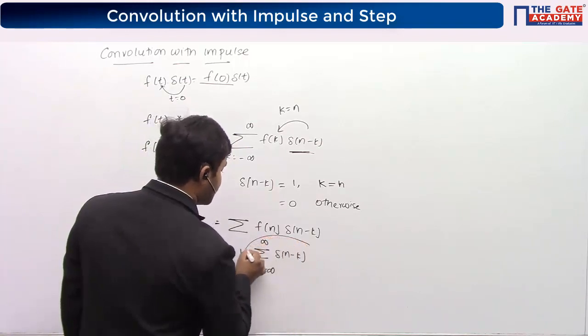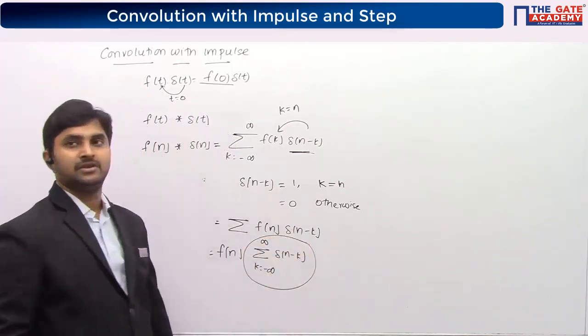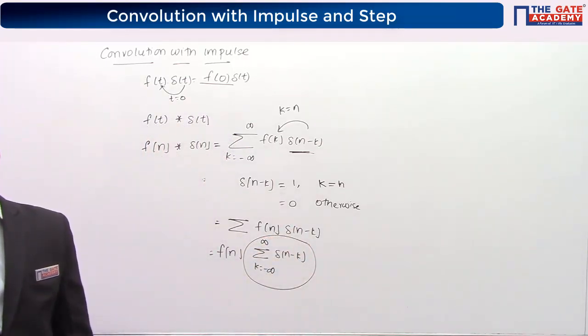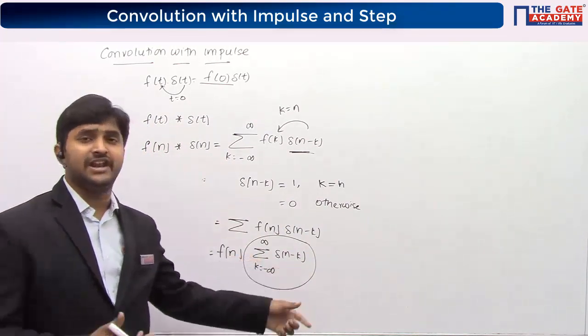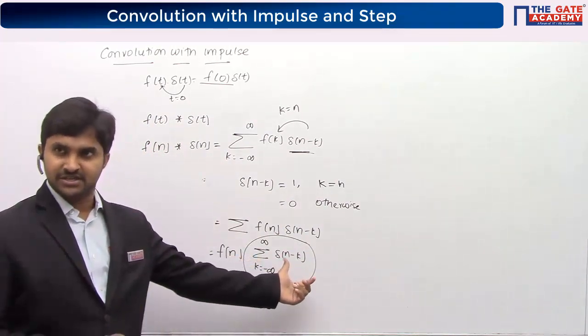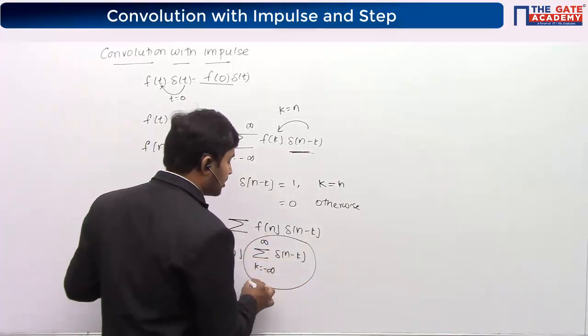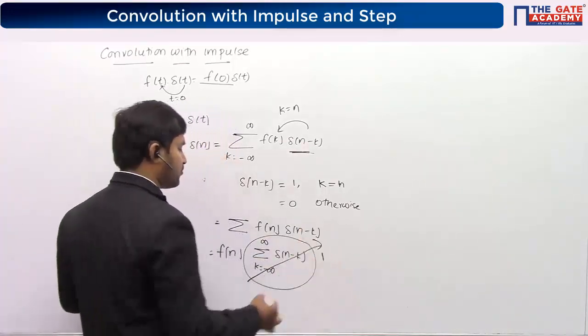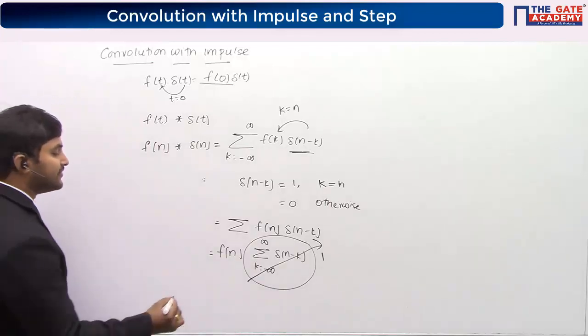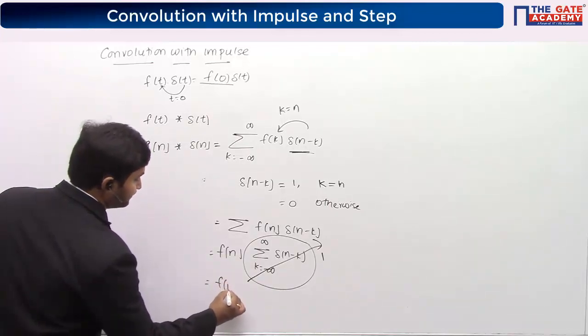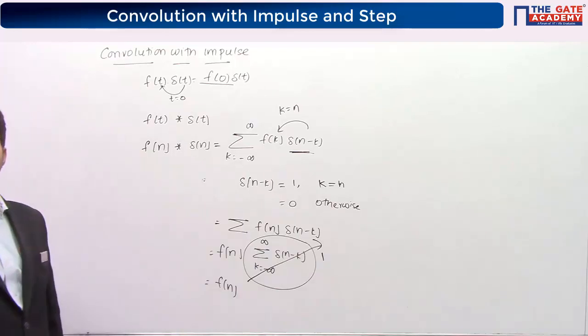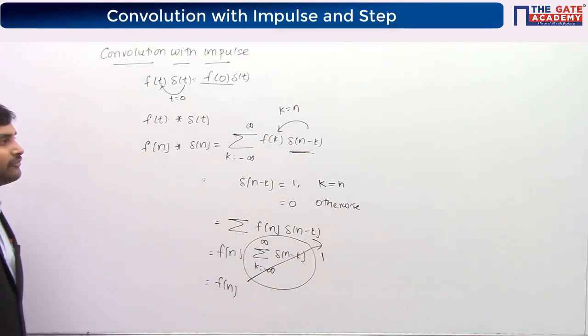Now what is the value of this? Summation of a unit impulse. Of course the unit impulse here is delayed, reversed, whatever it is, but it doesn't matter, the area or the summation of it is always equal to 1. So the result we get here is f(n). What is the meaning of this?